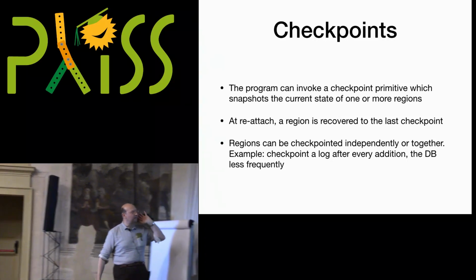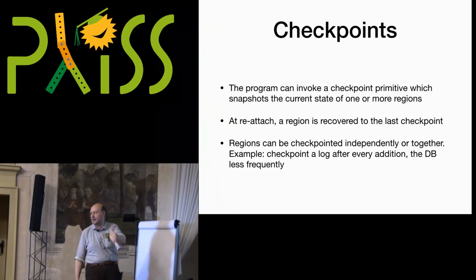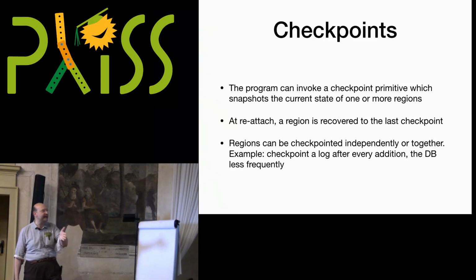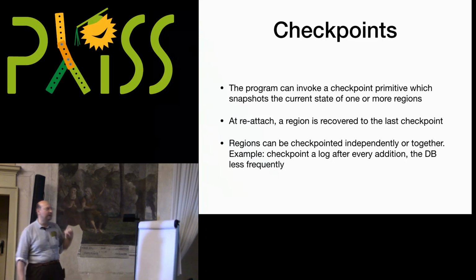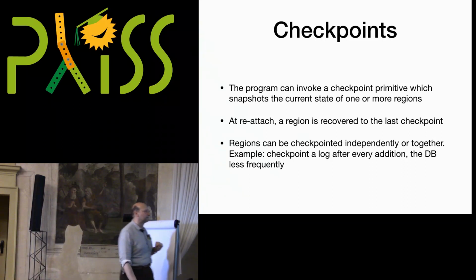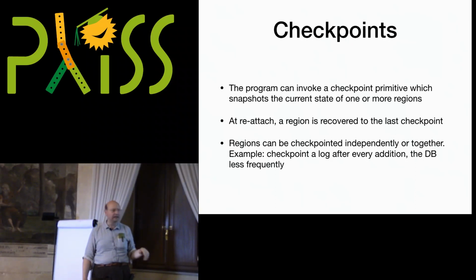So the programmer can invoke a checkpoint primitive on a region, and that logically takes a snapshot of that region at that exact state. And if the system gets restarted before the next checkpoint, the runtime will ensure that when it wakes up, it looks like it was at the point it was checkpointed. And you can choose to checkpoint regions independently or together.